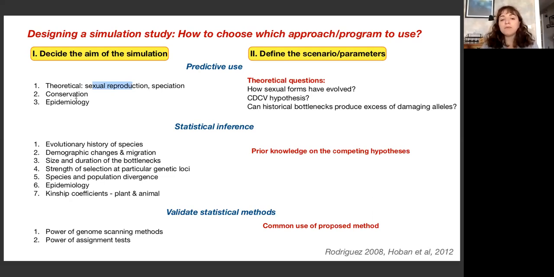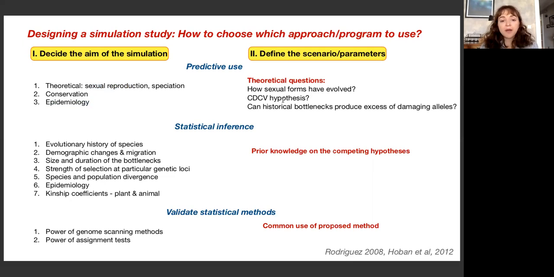Or if your aim was an epidemiology study, then you can ask a question about the basics of the common disease, common variant hypothesis. Or you can ask, can historical bottlenecks produce an excess of damaging alleles in populations, like we see in the out of Africa populations.